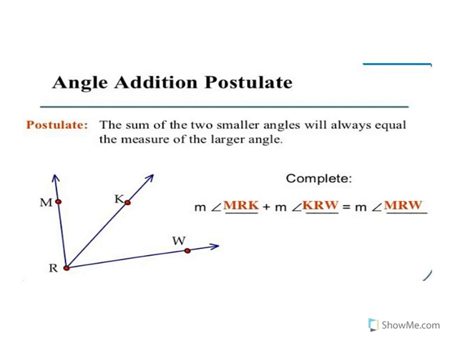Here is another notation, the postulate: the sum of two smaller angles will always equal the measure of the larger angle. So here we have the measure of angle MRK plus the measure of angle KRW is equal to the measure of angle MRW.